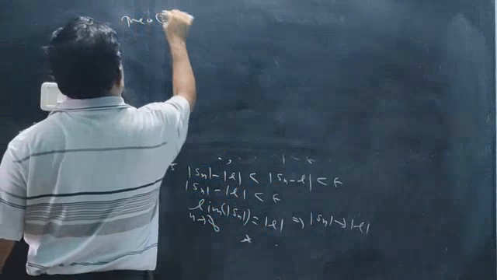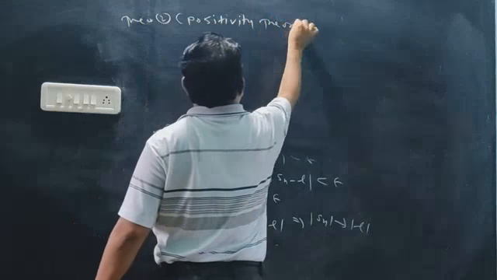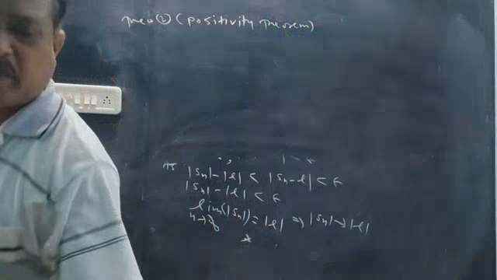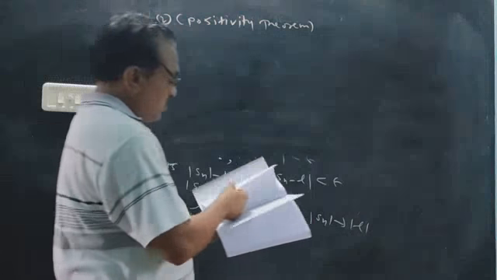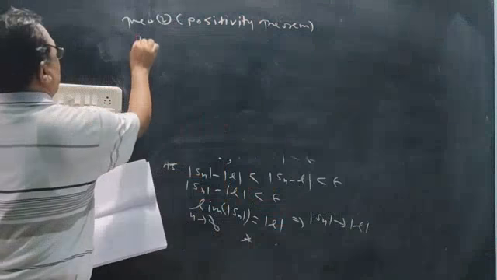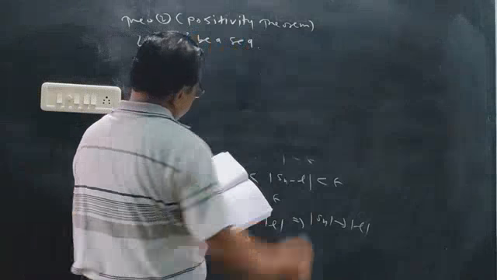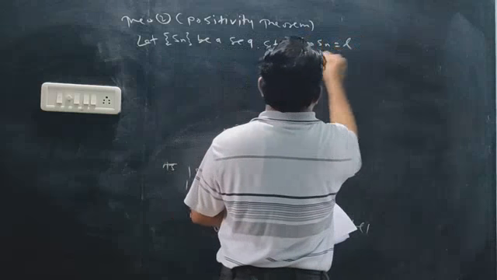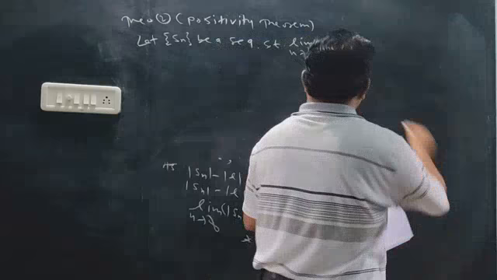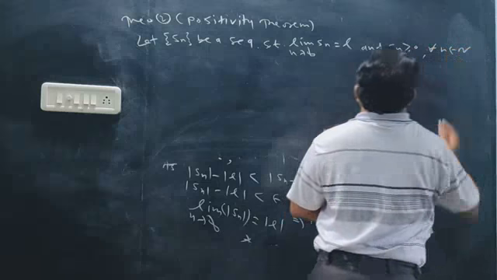The second theorem is called the positivity theorem. The statement is: let Sm be a sequence such that the limit of Sm is L, and all the terms of the sequence Sm are positive.